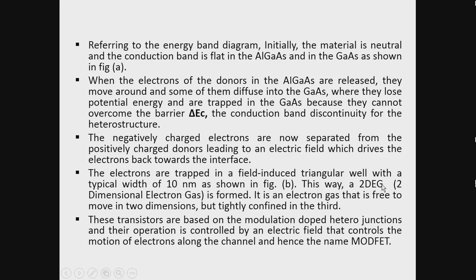So a two-dimensional electron gas is formed, and this electron gas is free to move in two dimensions, but is tightly confined in the third. That's why it is called a two-dimensional device. So it is a two-dimensional semiconductor device, and this system is called a two-dimensional electron gas system or semiconductor material.